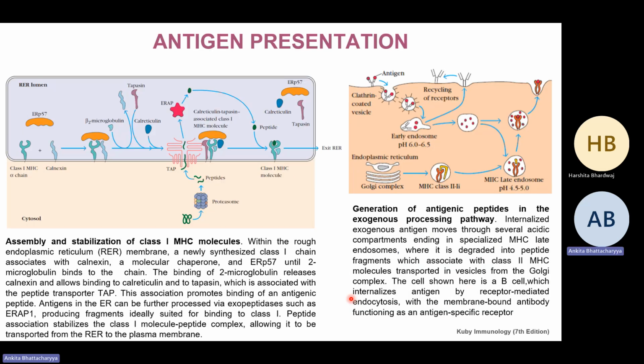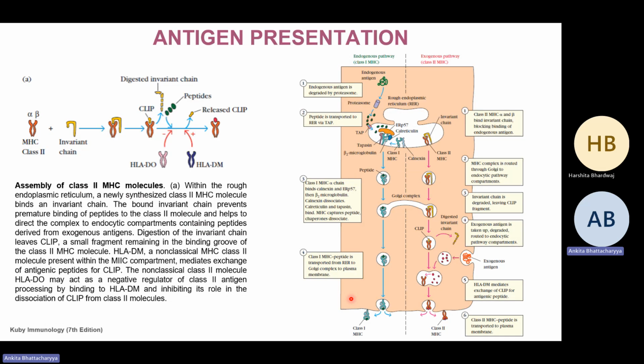Then we understood antigen presentation in more detail, how class 1 MHC is getting localized, followed by the generation of antigenic peptides in the exogenous processing pathway as well. Again, this was a topic we had discussed previously.